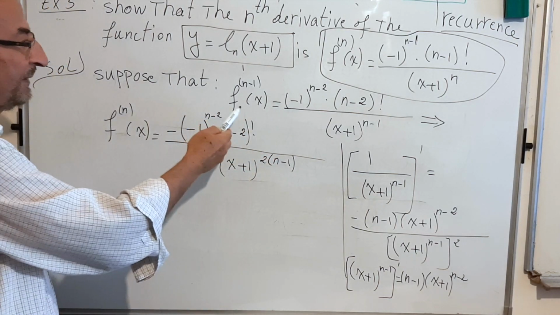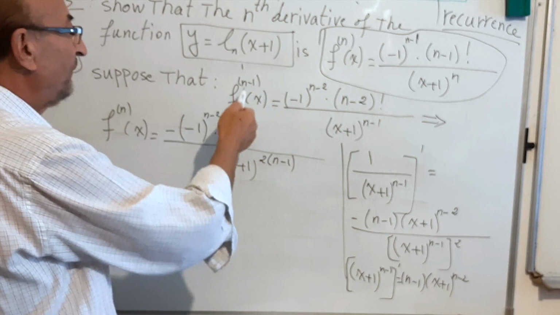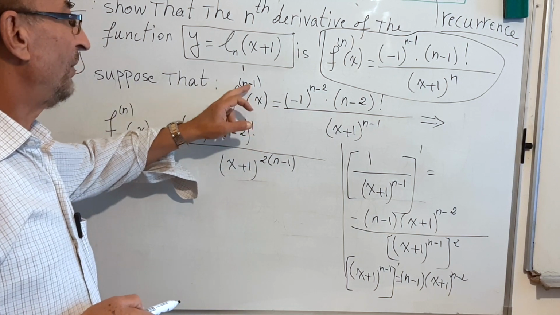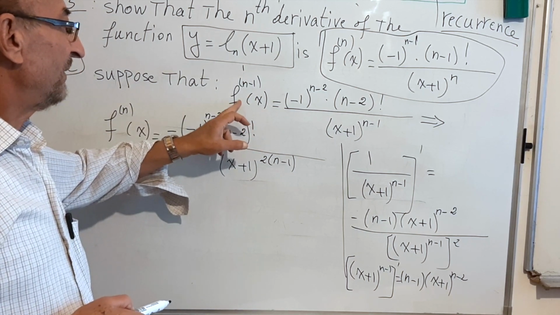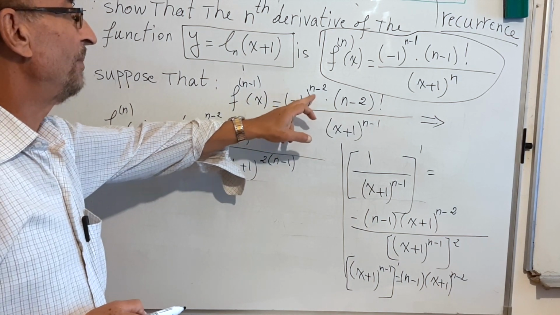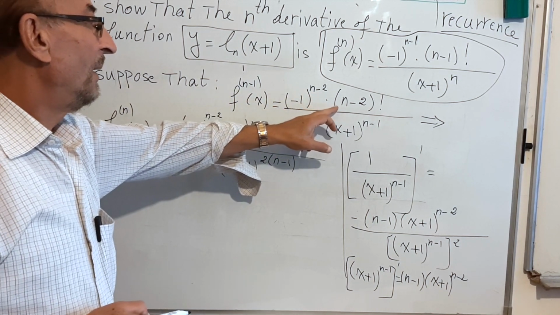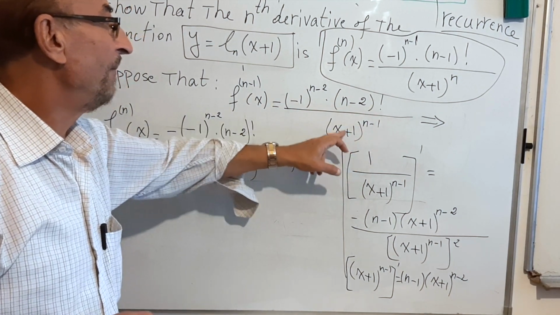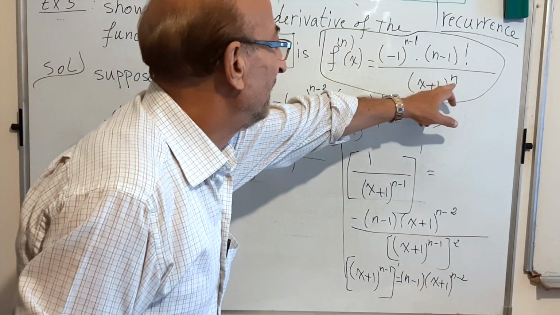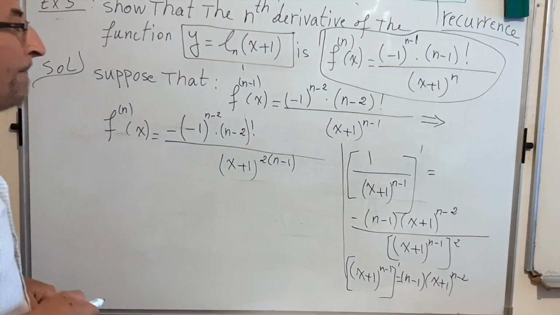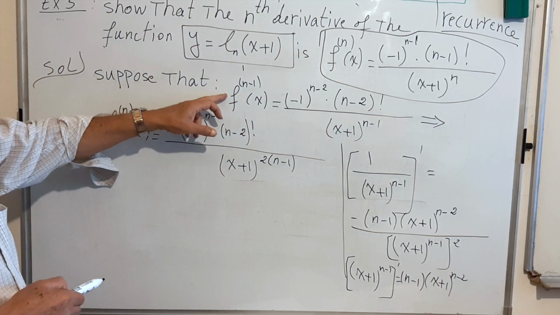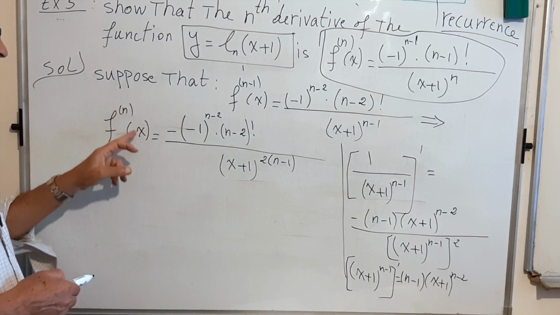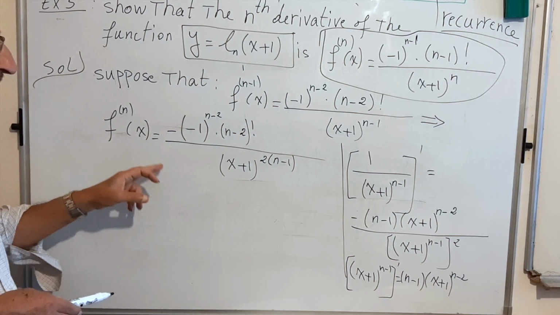Suppose that f n minus 1 is minus 1 power n minus 2 times n minus 2 factorial over x plus 1 to the power n minus 1. We replace n by n minus 1. The derivative now of f n minus 1 of x is f n of x, the derivative of order n.